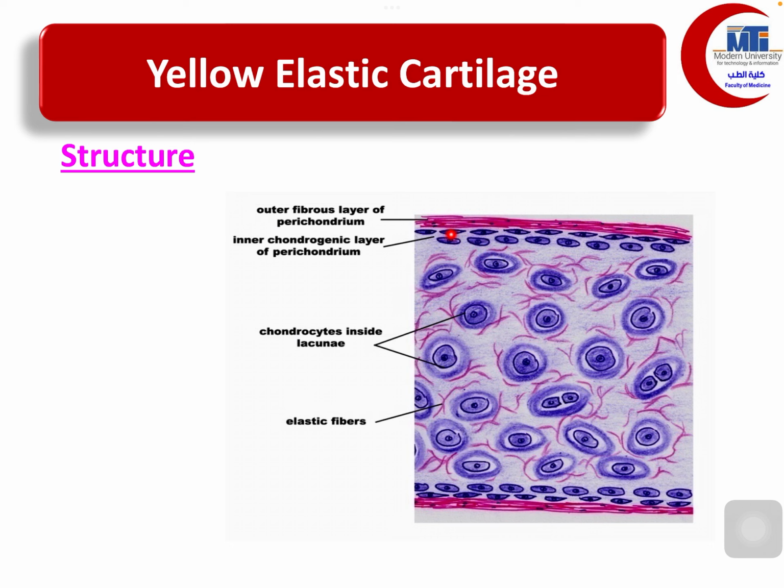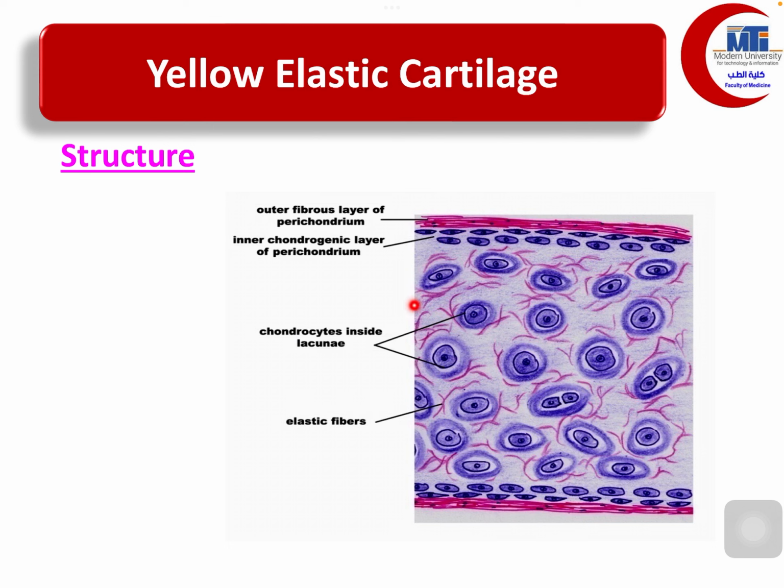Appositional growth of the cartilage is by addition of a new cartilage layer above the hyaline cartilage matrix. So the cells in the inner chondrogenic layer are the chondrogenic cells and chondroblasts, and only these two cells form the inner chondrogenic layer of the perichondrium.